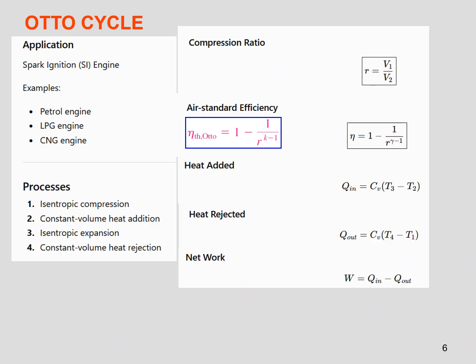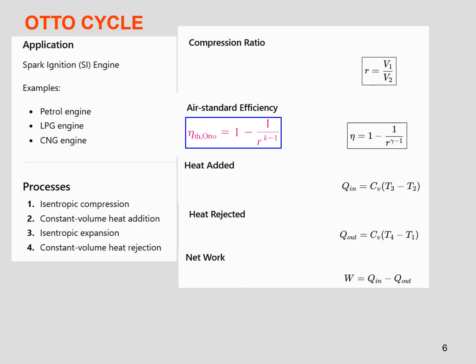So these are the formulas for the Otto cycle, a summary of the formulas. Applications of the Otto cycle are SI engines, for example petrol engines, LPG engines, CNG engines. For the processes, the compression ratio formula is r equal to V1 by V2, that is the maximum volume by the minimum volume. The air standard efficiency, or thermal efficiency, of the Otto cycle is 1 minus 1 by r to the power k minus 1, where k or gamma can be used.